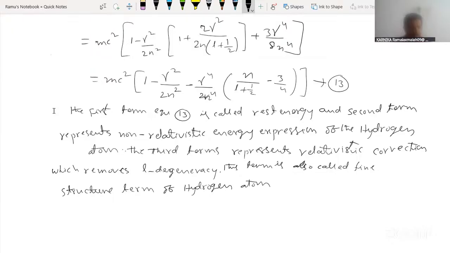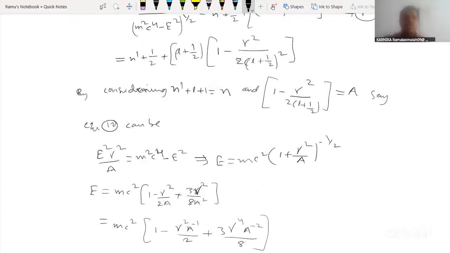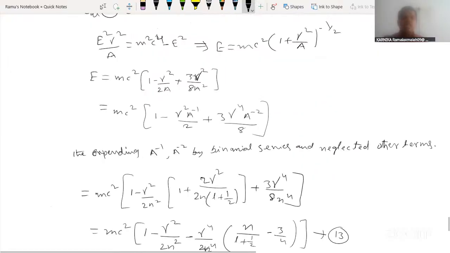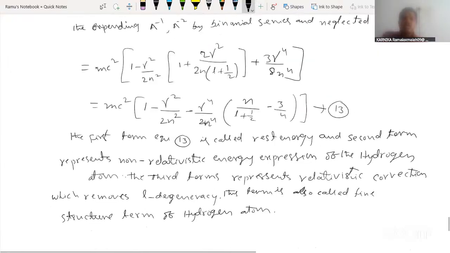Here these are the total terms in the equation. This is the first term, the second term, and the third term. You have three terms there.